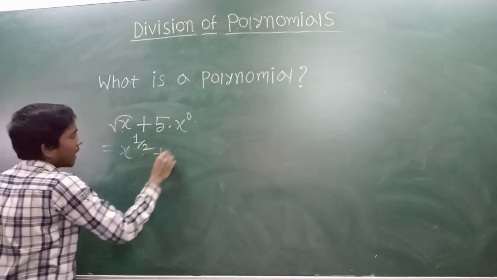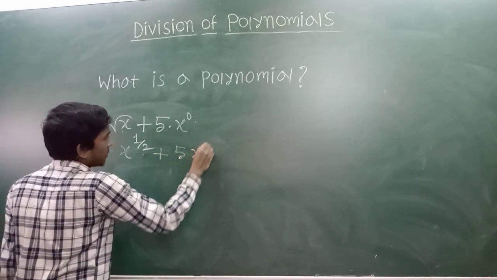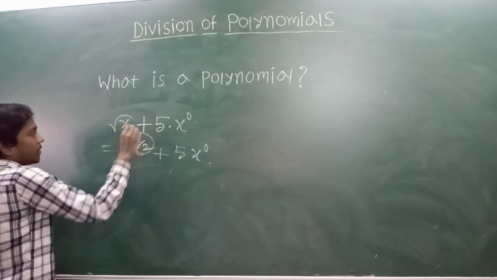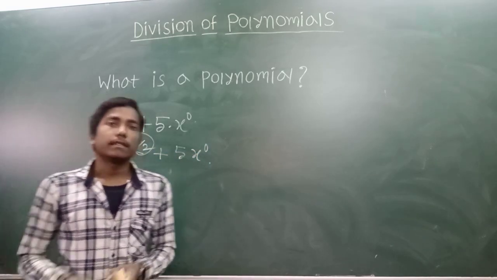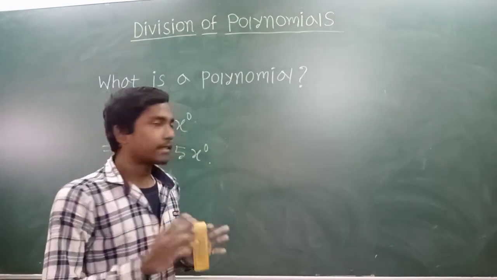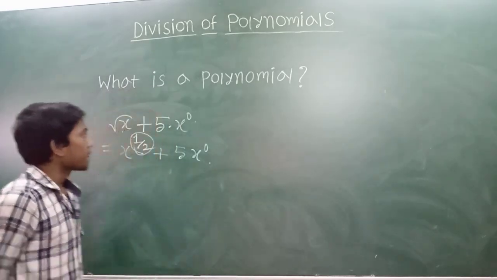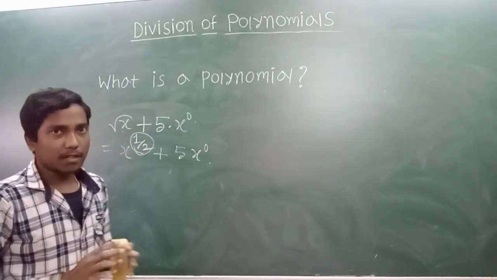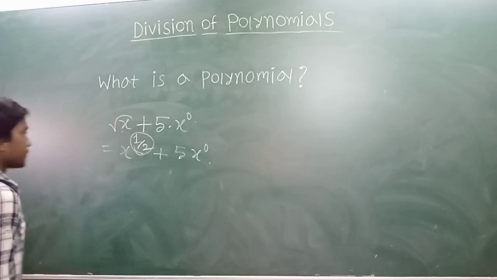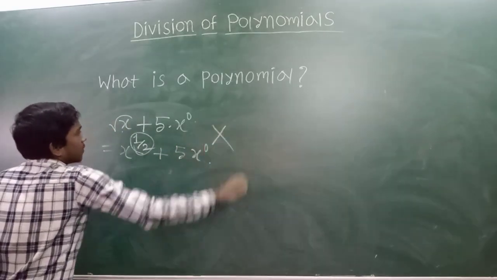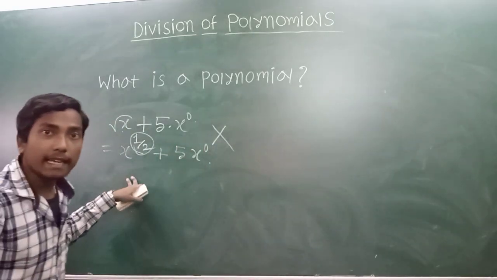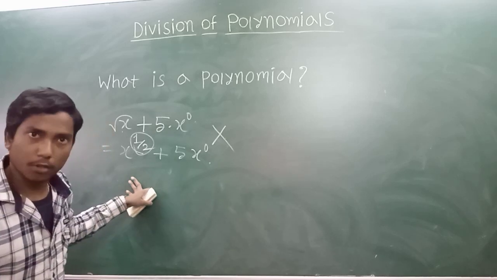So x to the power half into 5 x to the power 0. Now half, 1 by 2, is not a whole number, it's a rational number. Okay, so this is not a polynomial in x. Okay students, now we cannot say this as polynomial. This is only an algebraic expression, this is not a polynomial.